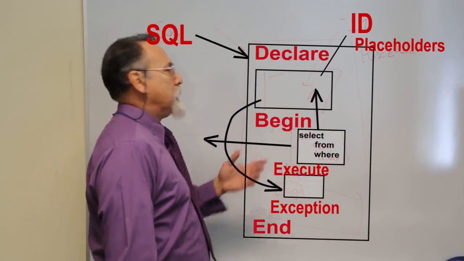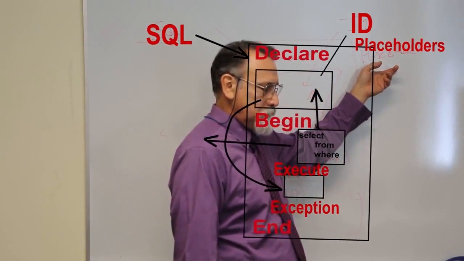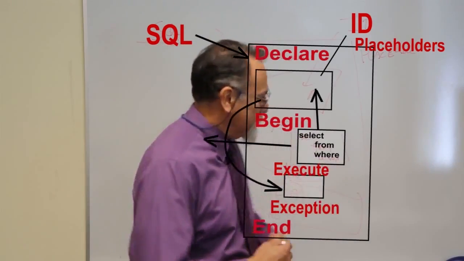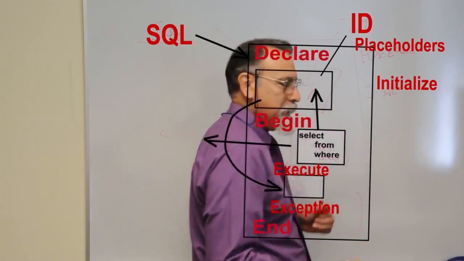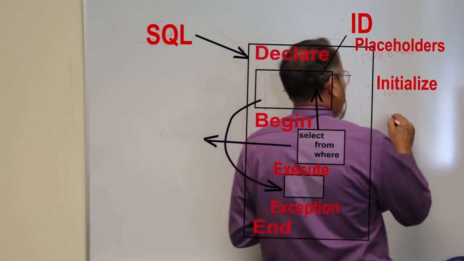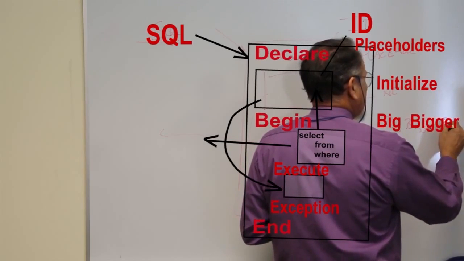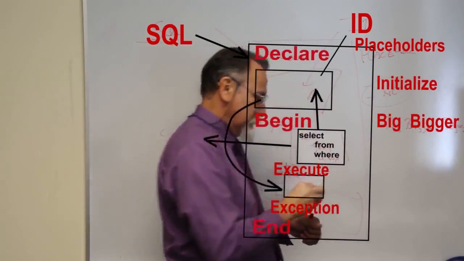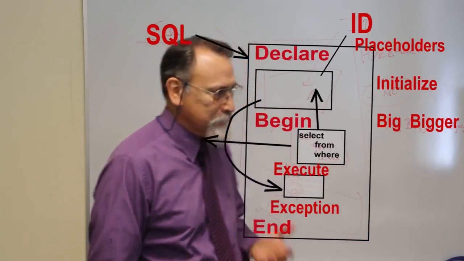Now, as you create these placeholders, you have to initialize them. Remember, I said initialize. Remember in school you had the bigger scenario? Well, in the initialization, this is where you start developing the precision of what's going to happen.